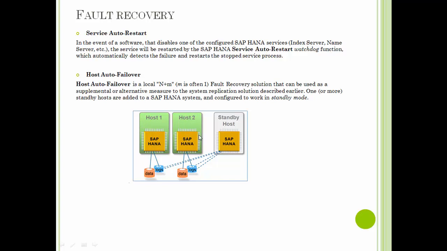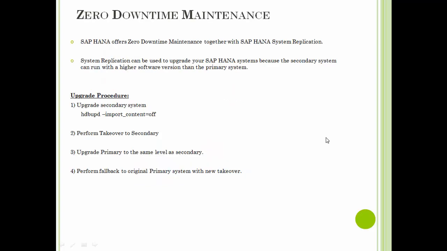In case of host 1 or host 2 failover, the standby host takes over the role. It attaches to the storage of that particular host and takes over the role as the active server from there on. So using the standby host in the standby mode, we can achieve host auto failover.